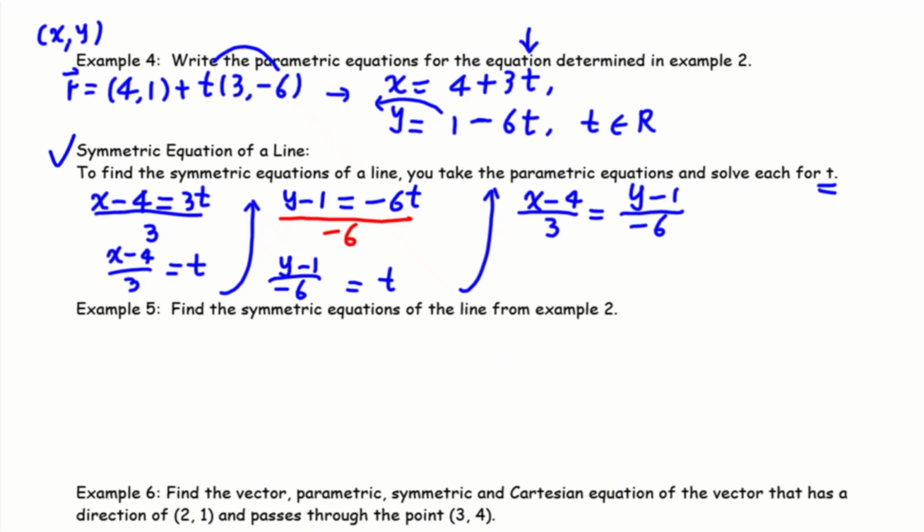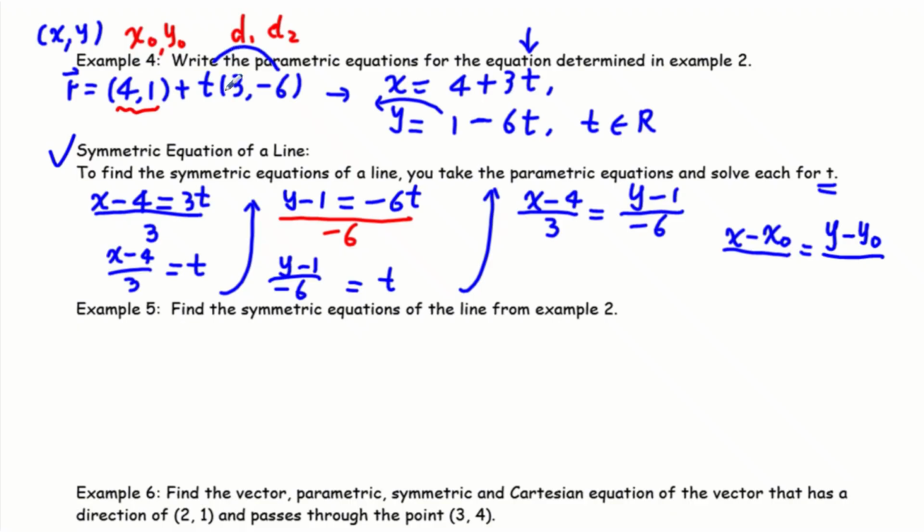You may think it is a little overwhelming, but compare it with this one: if this is x0, y0, and this is our d1, d2, you will find this 4 is our x minus x0, and this 1 is our y0, so y minus y0.